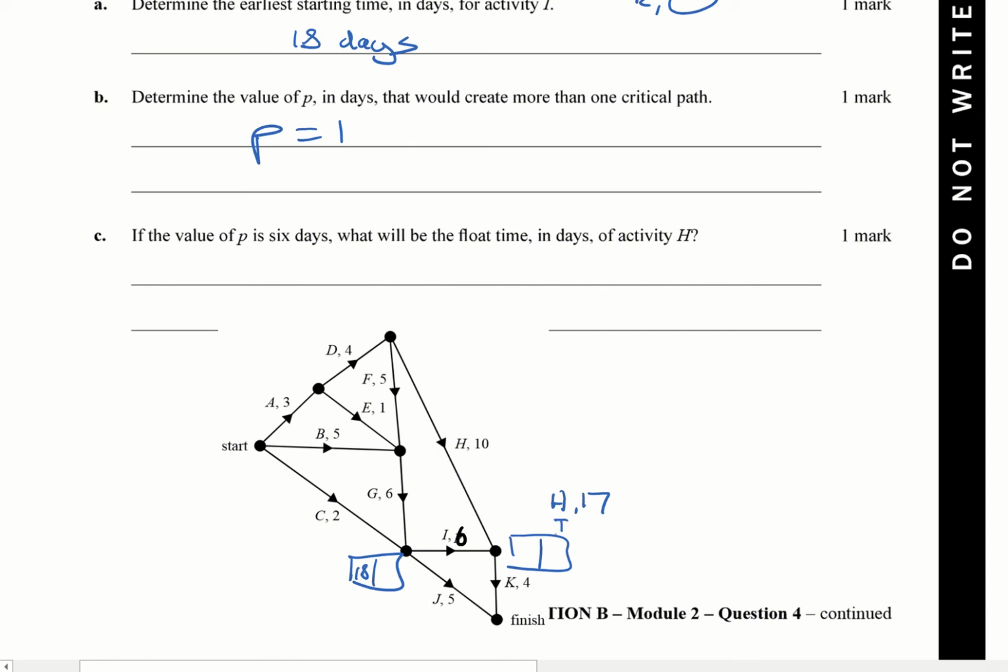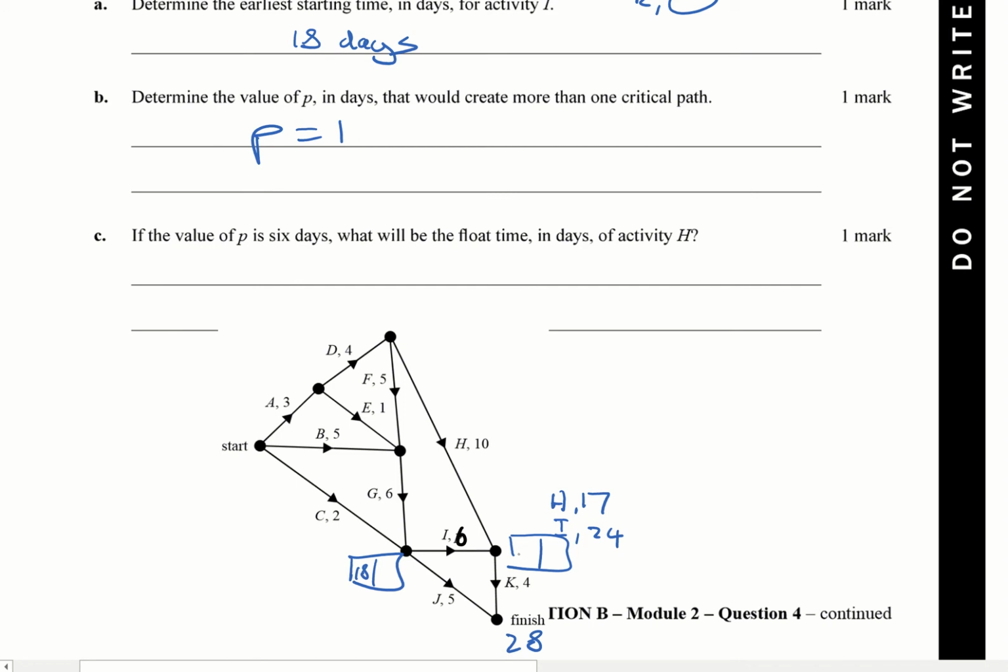So coming from finishing of activity I, I'm going to get 24 here. Then if I finished up here, I would have it as 26, clearly I can't add, that would be 28. So 24 plus 4.